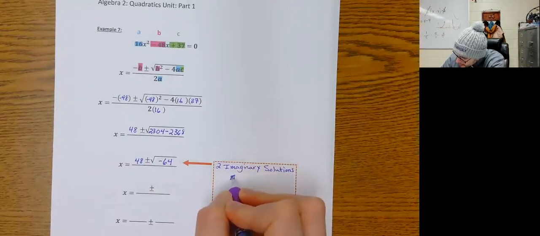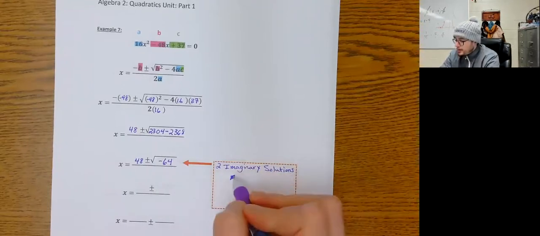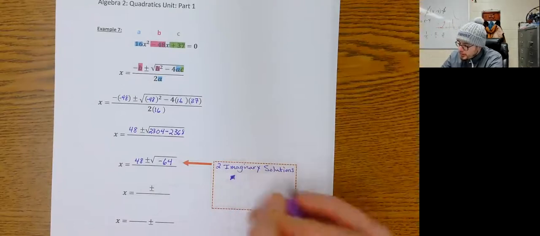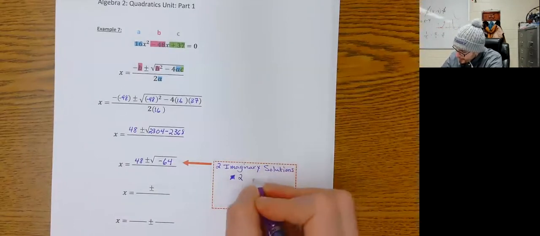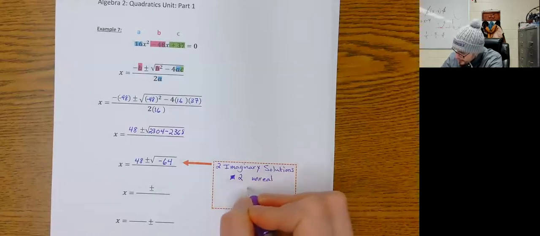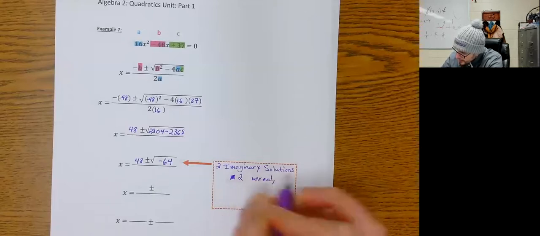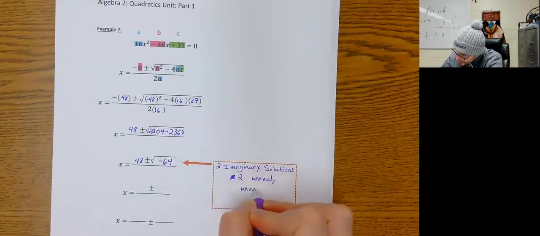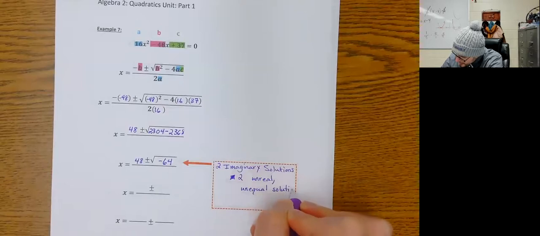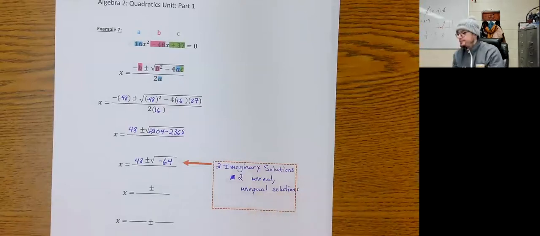That means that we're going to have two unreal, unequal solutions. All right. 2 imaginary solutions means you're going to get 2 unreal, unequal solutions.